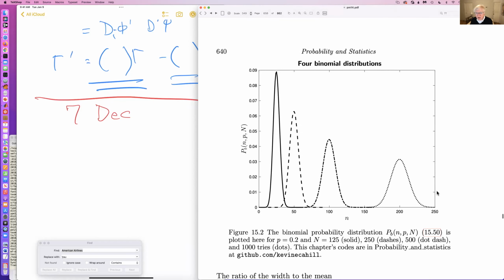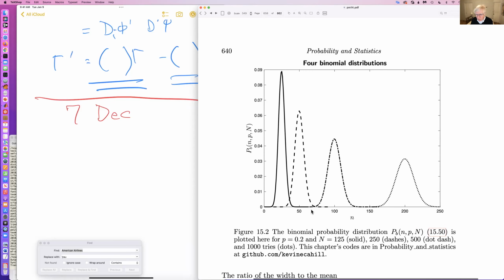Anyway, the binomial distribution looks like this. This is for p equal to 0.2, N equal to 125, 250, and 500. As you increase the number of tries, the probability of n successes in that many trials starts to look like this, as it gets lower and broader.